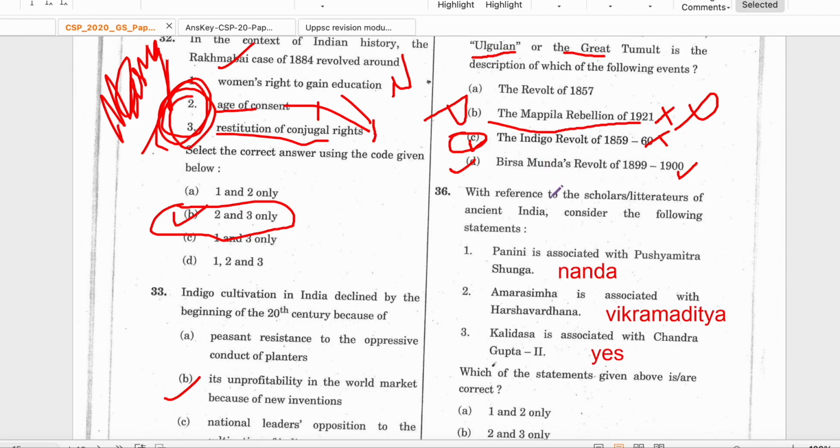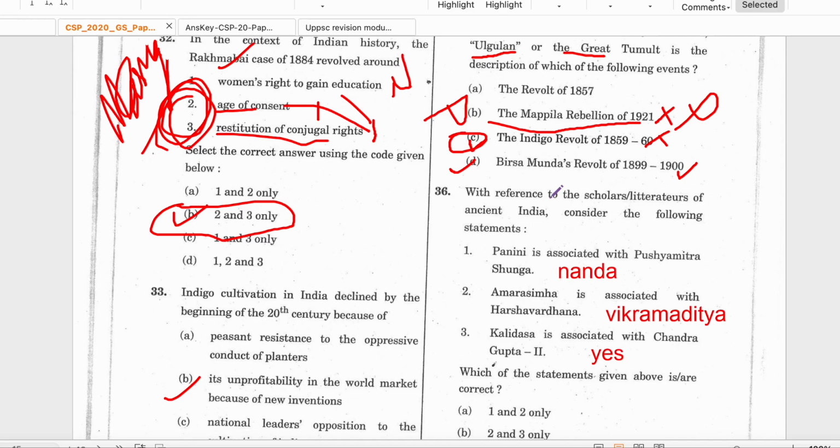Now you read Birsa Munda's revolt of 1899 to 1900. Birsa Munda used to claim that he will bring Satyug, he will change the entire thing. The Dikkus who are hurting the interests and cultures of the tribals will be kept out, and he is the messenger of God.